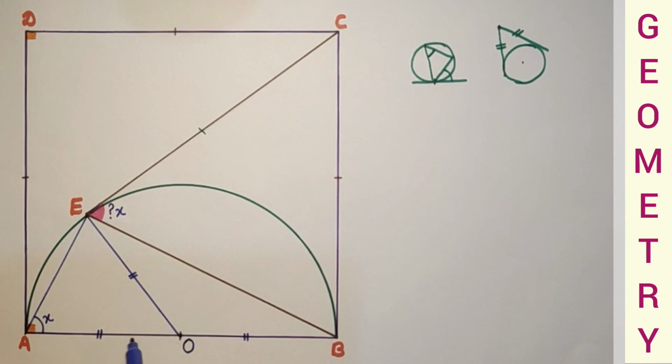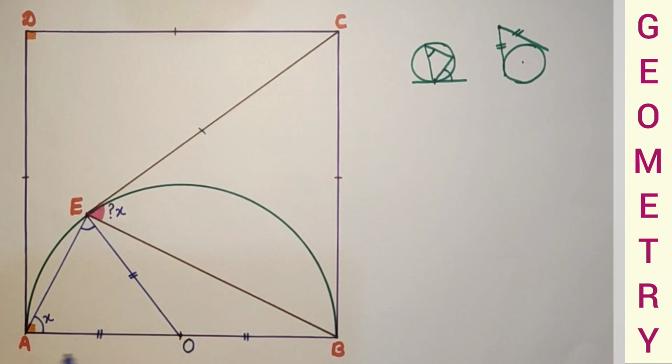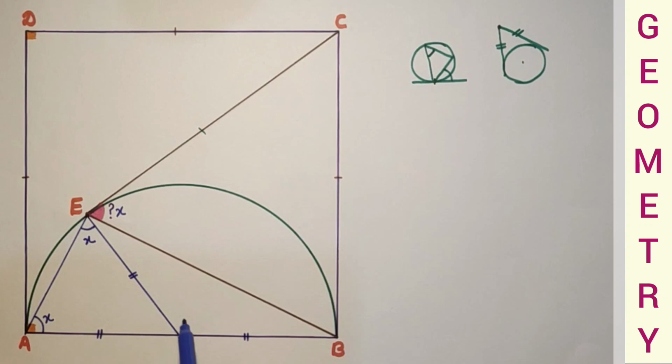This angle is equal to this angle because this is an isosceles triangle, since OA is equal to OE. Then the exterior angle will be equal to the sum of these two, or we can say double of this, as the circumference angle is half the central angle. So this whole thing is 2x.